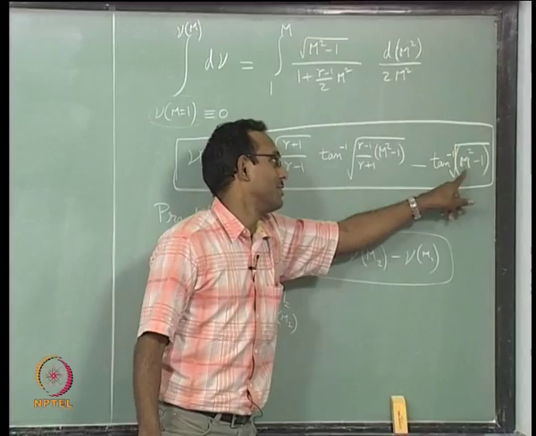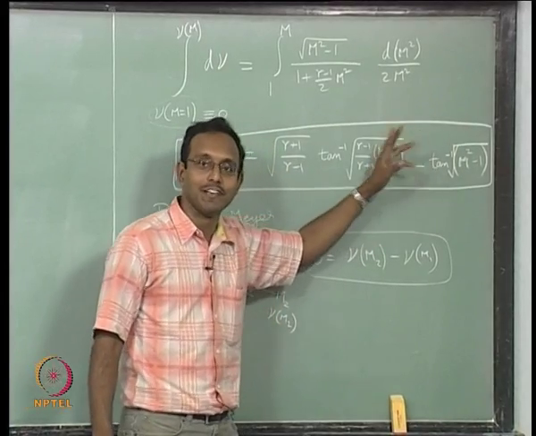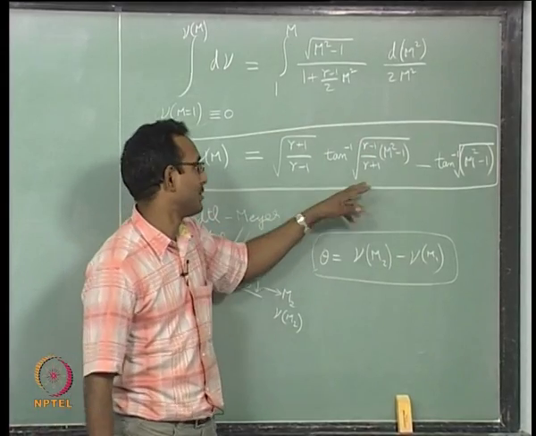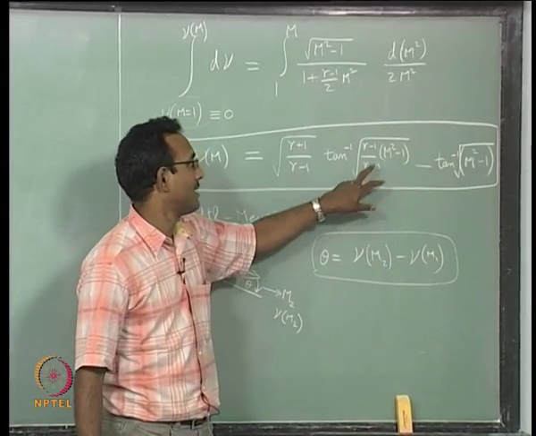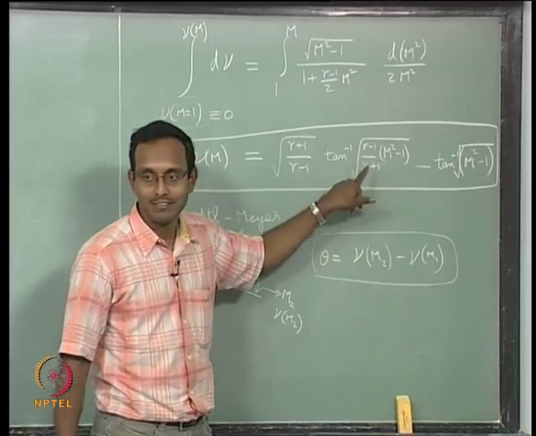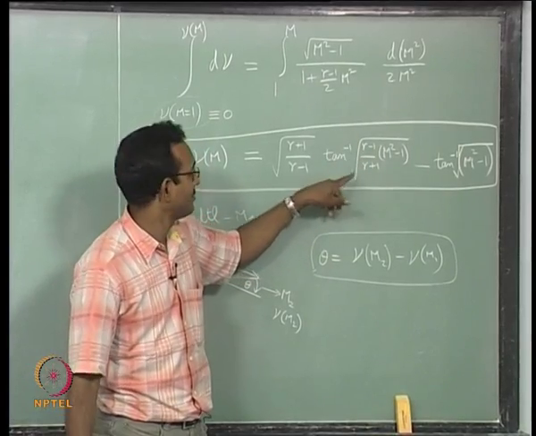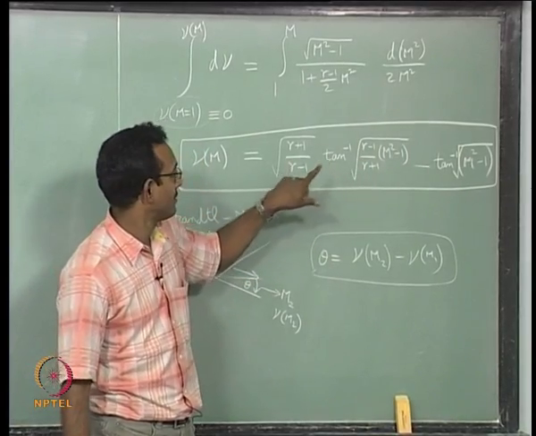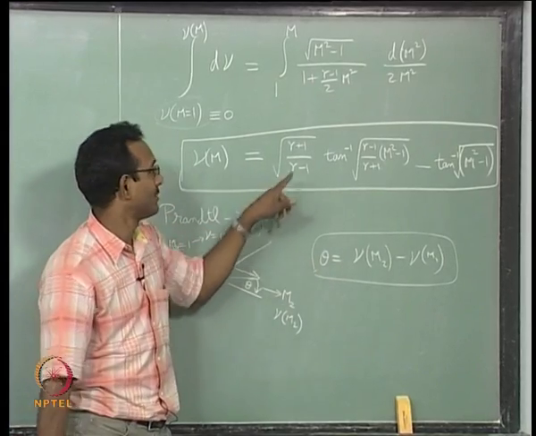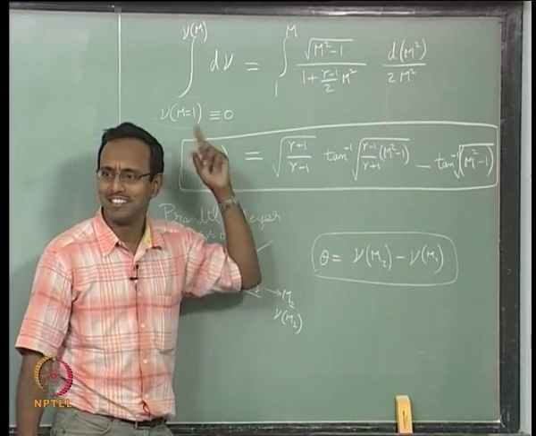This is going to go to infinity, and tan inverse infinity is π by 2, which will become 90 degrees if I convert from radians to degrees. But this term is going to have some number. But it's still tan inverse infinity, that I do not need to worry about, that is going to be π by 2. But square root of (γ+1)/(γ−1), for γ equal to 1.4, this is 6, right, we did this long back.